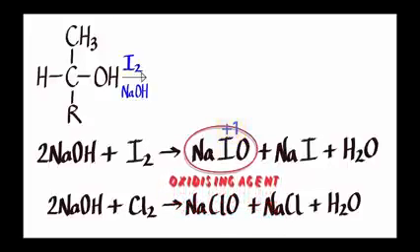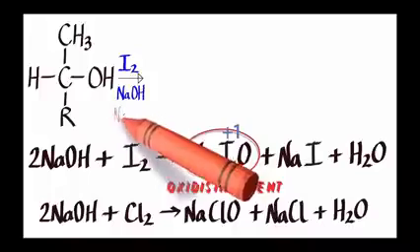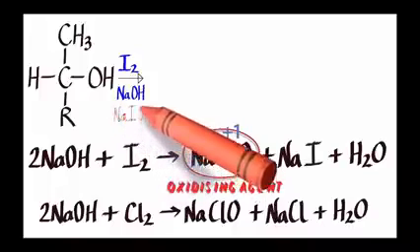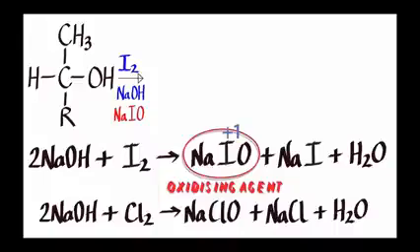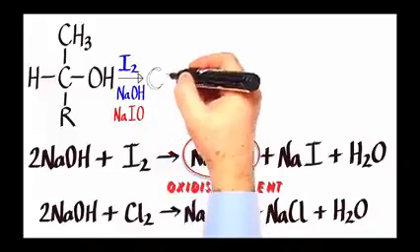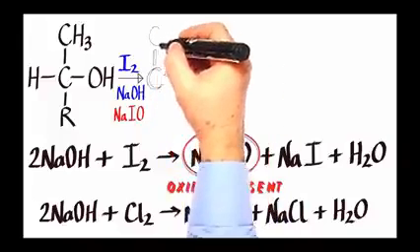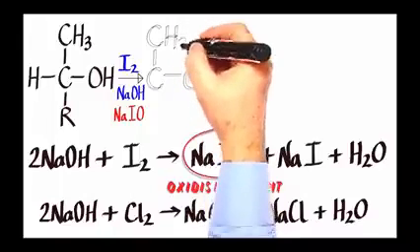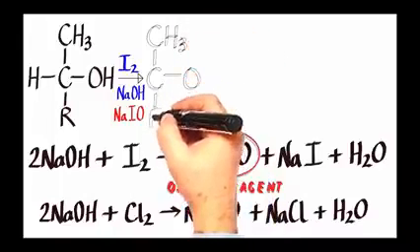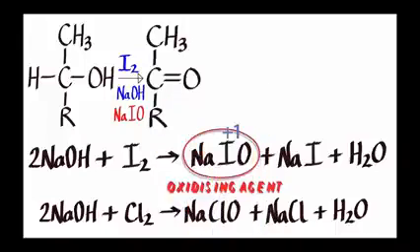Now, that oxidation number can be reduced, for example, to 0 in the element or to -1 in the iodide ion, so it's capable of being reduced and therefore can behave as an oxidizing agent. And that's what goes on here in the first step of the iodoform reaction for alcohols. Iodine and sodium hydroxide react as shown in the equation below to form sodium iodate(I), and it oxidizes that alcohol as follows.